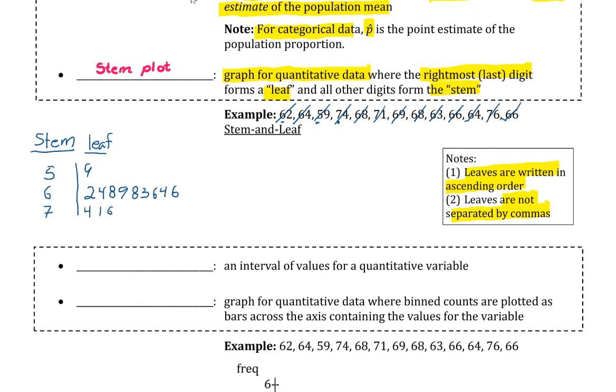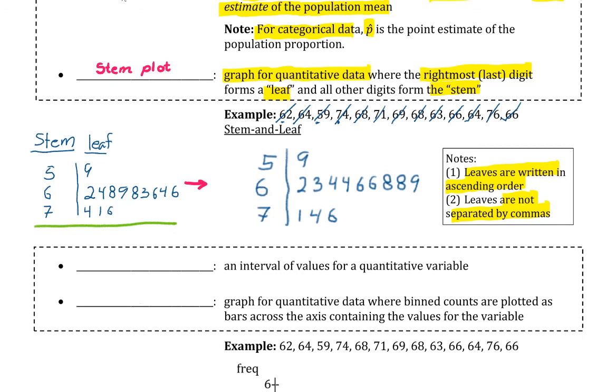So an actual stem and leaf plot would be rewritten as an ordered ascending value of the leaves, and it would look more like this. However, typically it's easier to create your stem and leaf plot by just writing out your values and then rewriting it in ascending order.